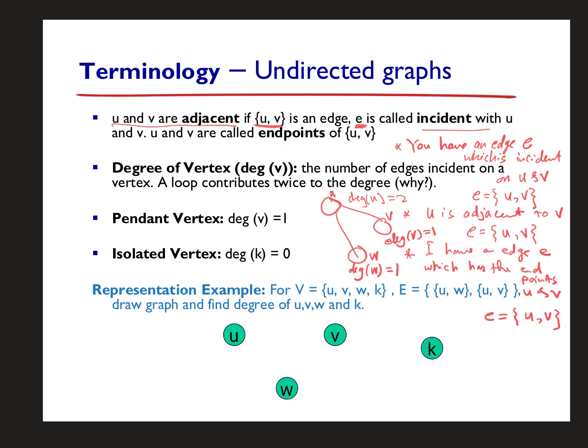First part is draw this graph. Link them, tell me how they will link, and then find the degree of all the different vertices: the degree of U, V, W, and K. Answer it, and I will come and have a look at what you did. It's very trivial, but it should take about 1 minute to finish, or maybe less.